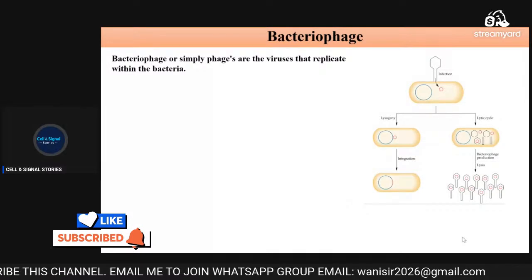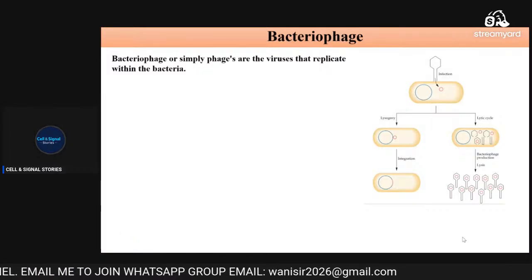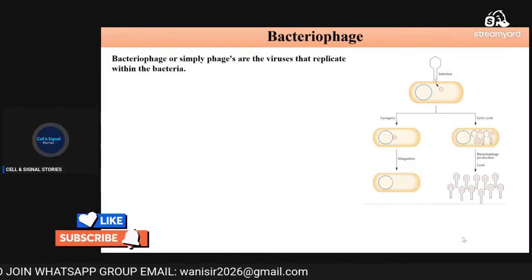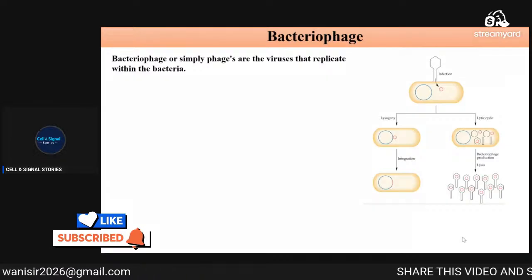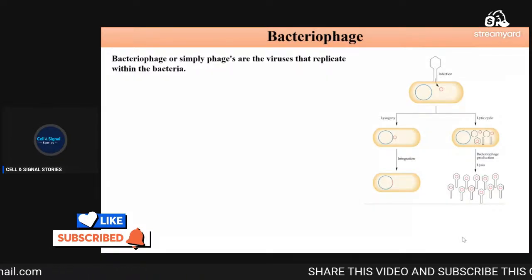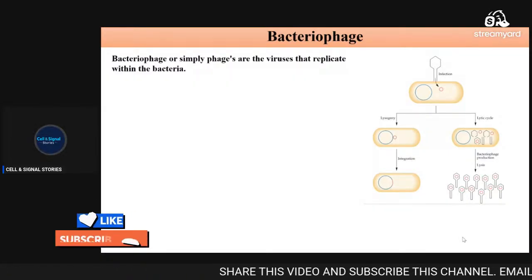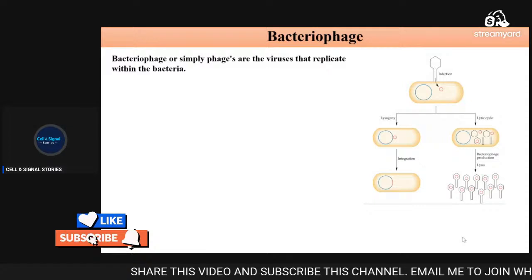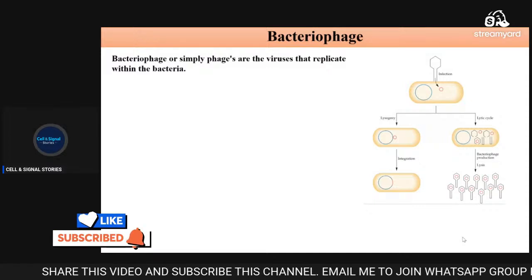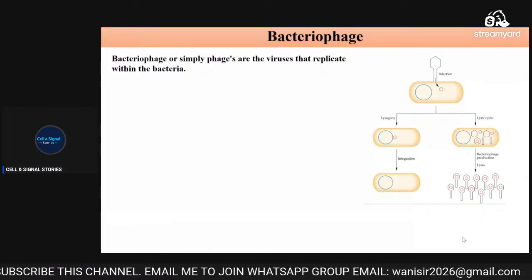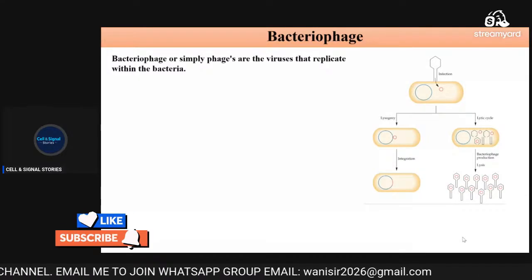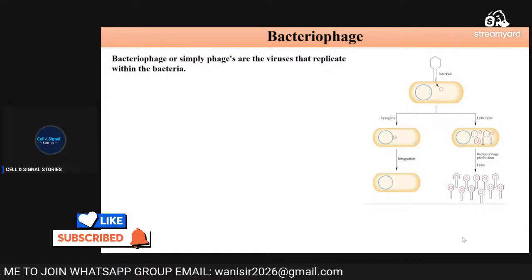They are not vectors, but we can use them as vectors. So what type of vectors are bacteriophages? They are viruses that replicate within the bacteria. That means the DNA of these bacteriophages replicates within the bacteria. They are simply phages, and they replicate within the bacteria.